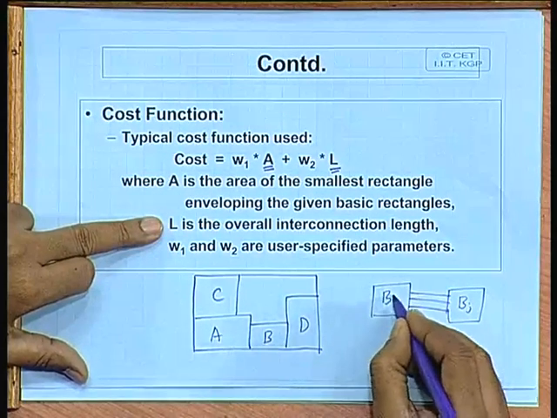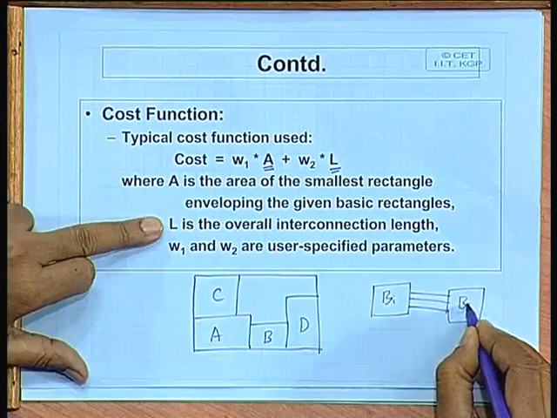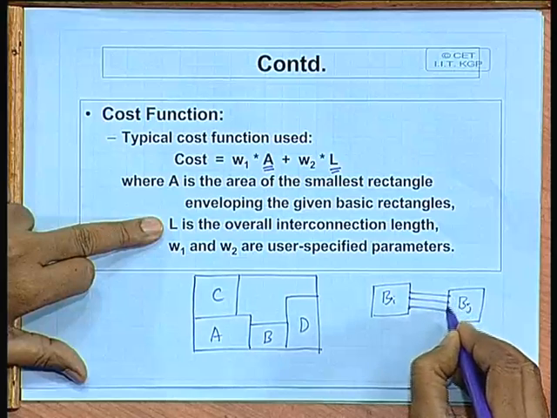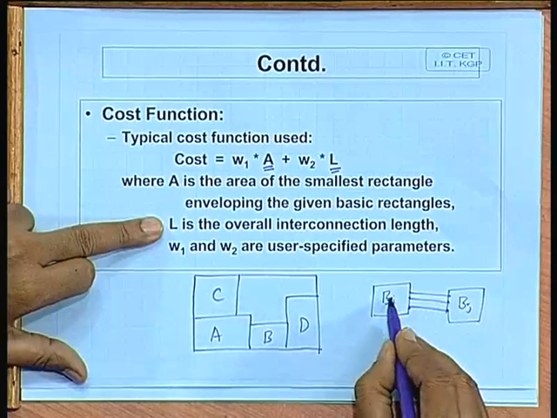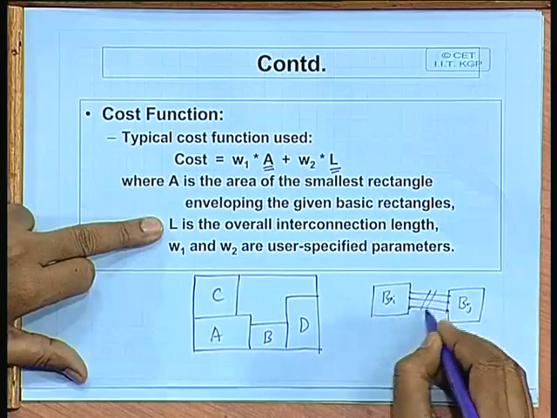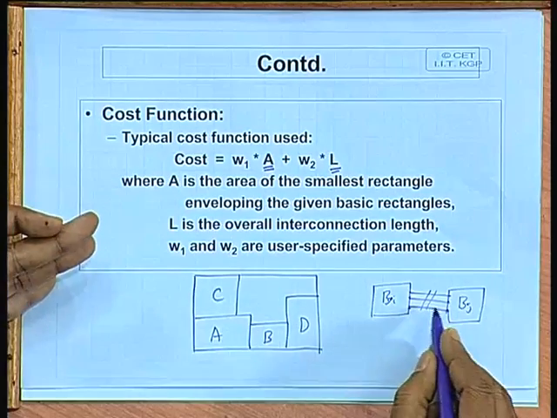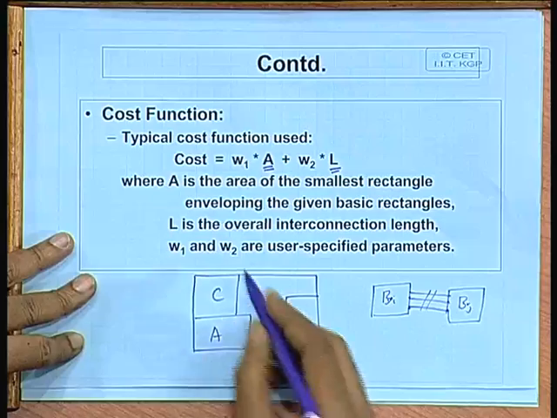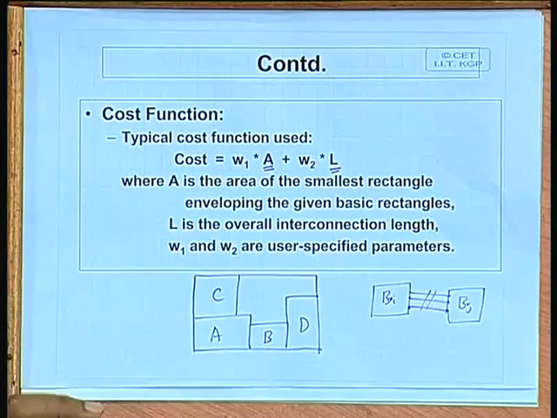You take the center of each rectangle and assume that all these interconnecting pins are residing at the center, and you just measure the center to center Manhattan distance and multiply it by the number of lines that go. That gives a measure of the length. You do it for every pair of blocks i and j, and that will give you an estimate of the overall interconnection length.